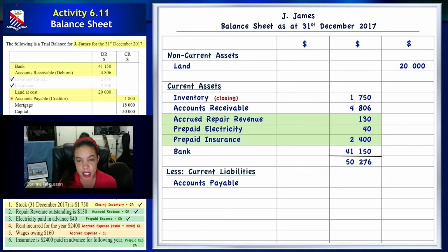Which column do we put it in? Because we have some other current liabilities, as we saw from our notes, we cannot put it in the middle column as yet because we have some calculations to do. So we would put it over to the side, the first column, so that everything doesn't get all confusing with a long line of numbers. So you just put your 1,800 over to the side there, right?